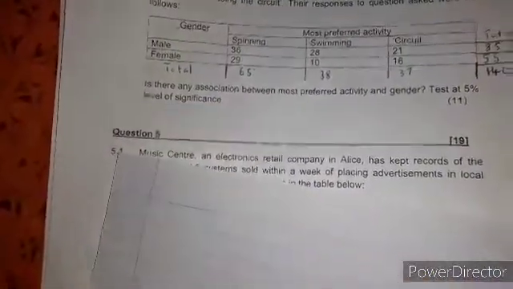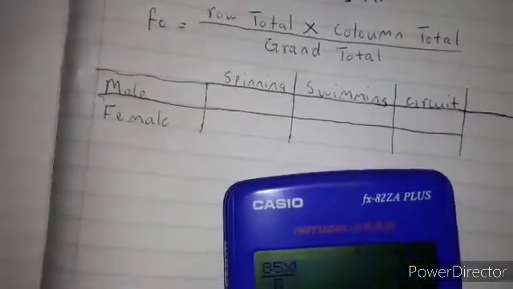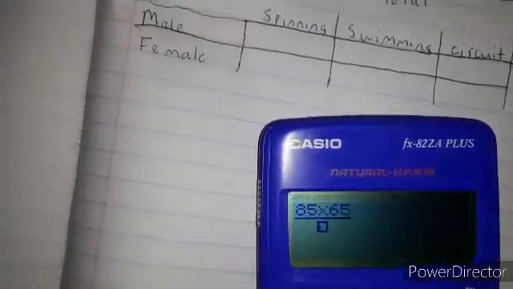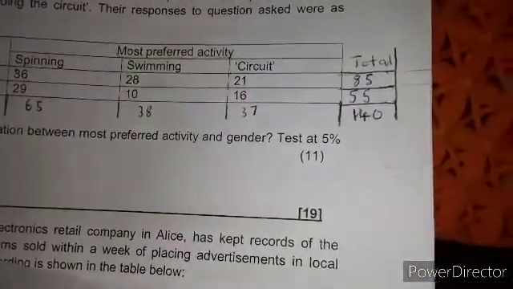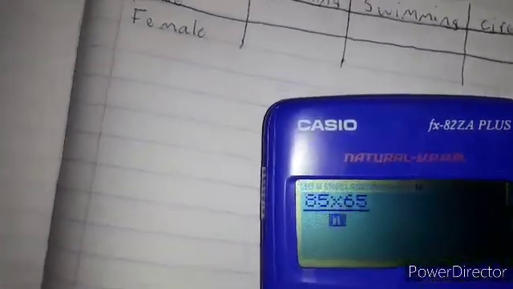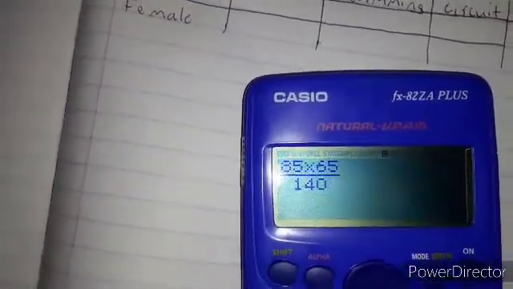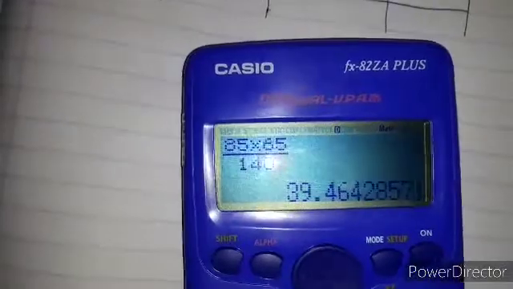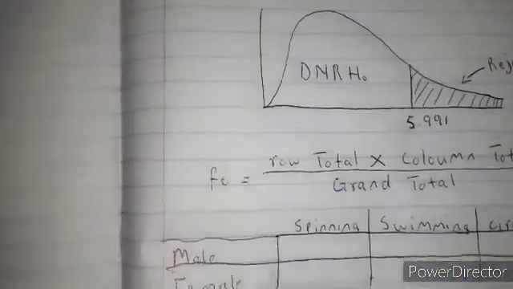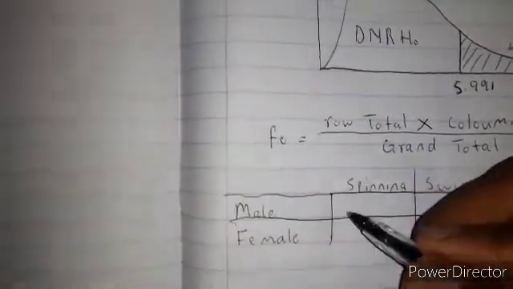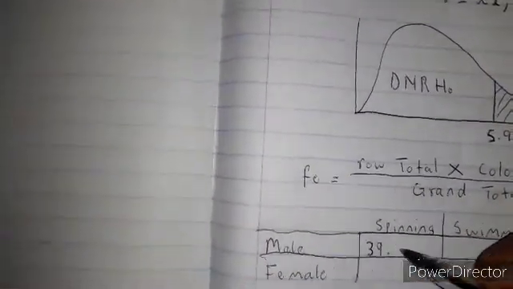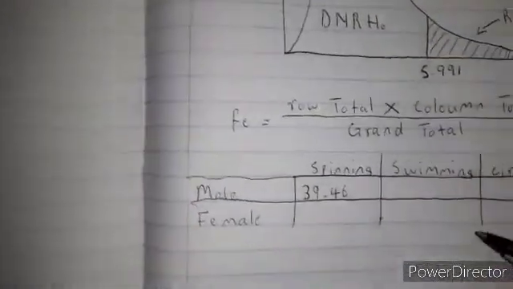The column total for spinning is 65. Divide by the grand total. The grand total is 140. Divide by 140 is equal to 39.46. So the expected frequency for spinning and male is 39.46.